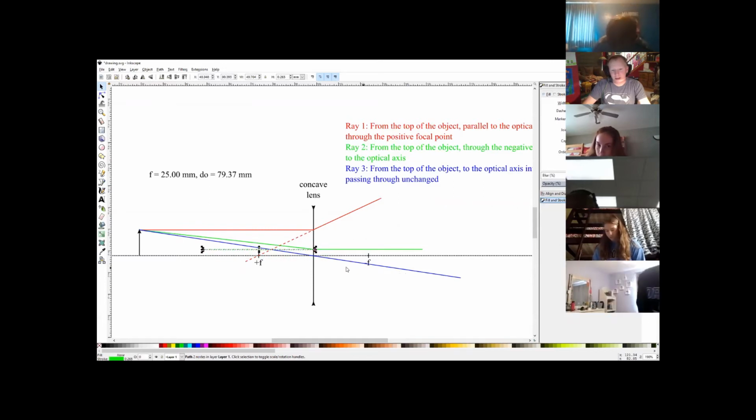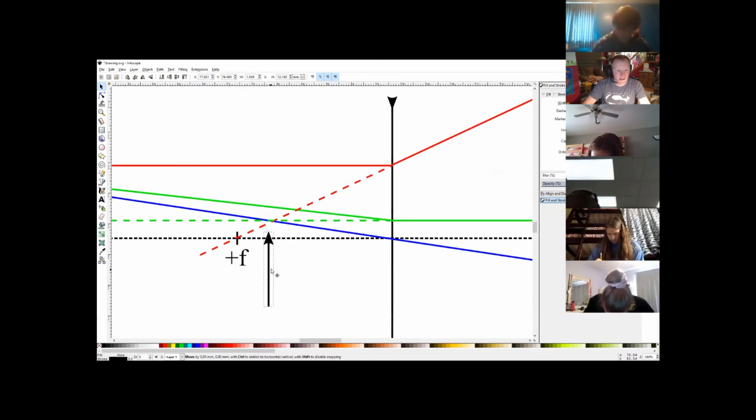And then the dashed blue line would just go over where the blue line is. So these meet on the left-hand side of our lens.